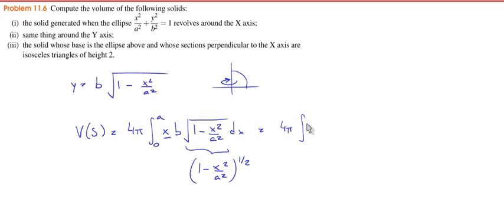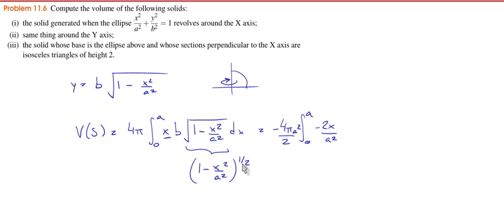So we have minus 2x over a squared, and we have to divide by minus 2 and multiply by a squared, from 0 to a.